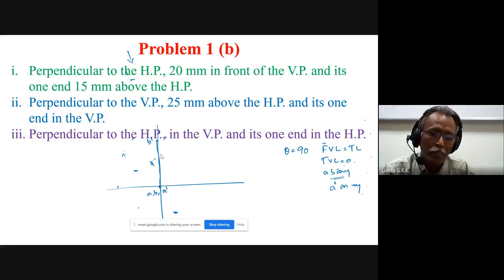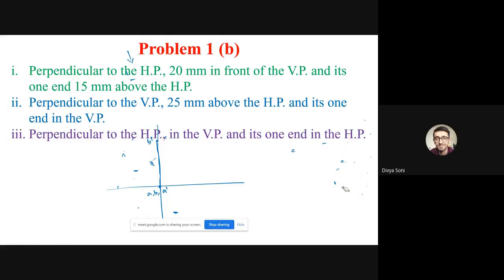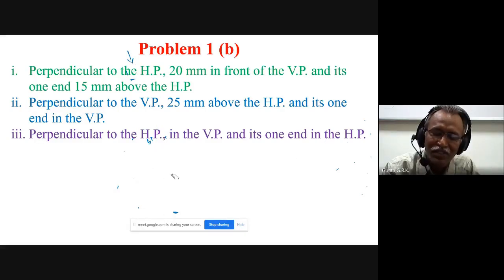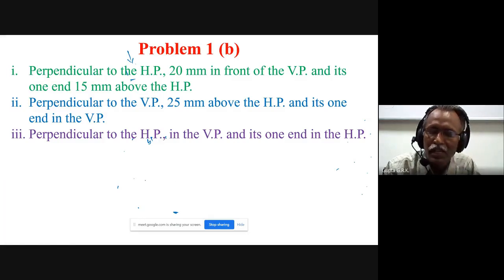Is that okay? Yes, sir. Excuse me, sir, is there any particular order in which we have to write A, B, and A dash, since they're all on the same point? Here we just have to see which will be seen first and which later.